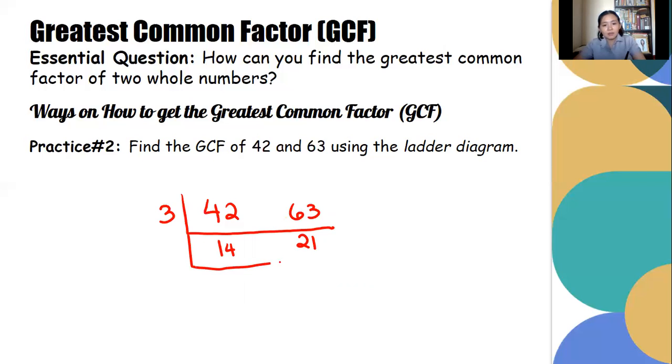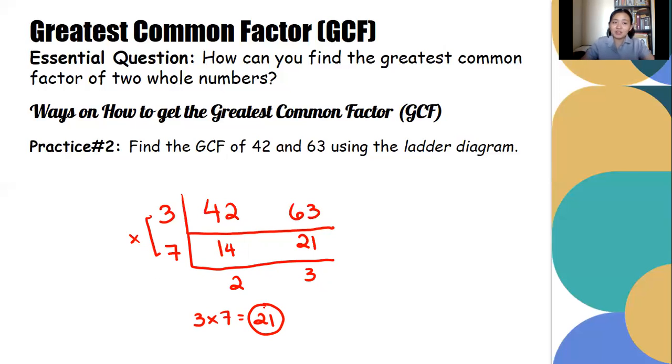Continue dividing. Is there any common factor left? Yes, there is. So we have 7. 14 divided by 7 is 2. 21 divided by 7 is 3. Multiplying the numbers outside the ladder diagram, we have 3 times 7 is 21. So the GCF now is 21.